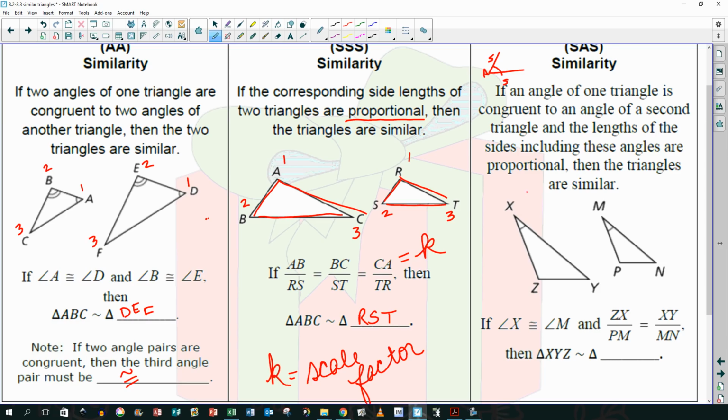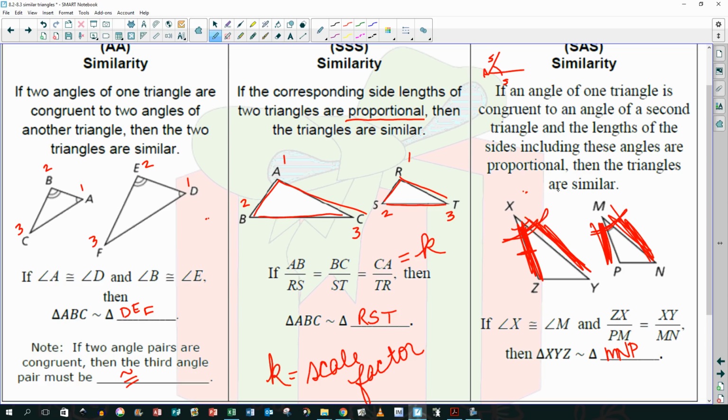So if two sides and an angle are equal to two sides and the included angle, for example, if angle X and angle M are equal, and ZX goes with MP, and XY goes with MN, see how this angle is between and this angle is between, so XYZ is similar to MNP.